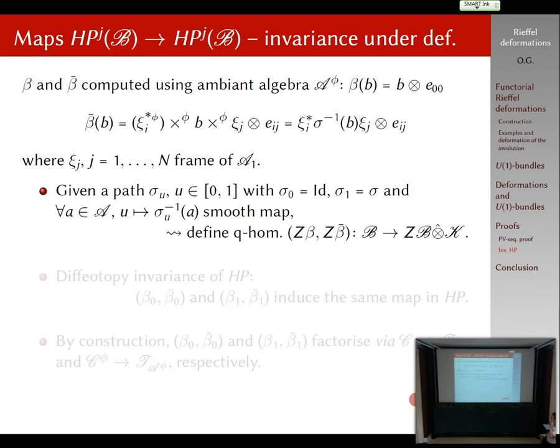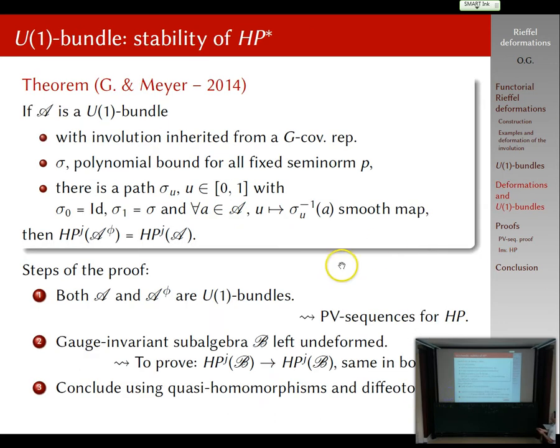Now, we want to say that the map defined by this beta bar is invariant. So that's the moment when we use this hypothesis of the theorem.